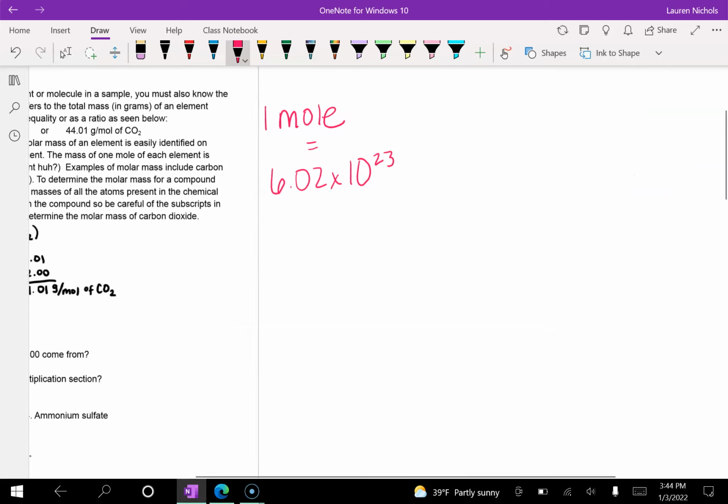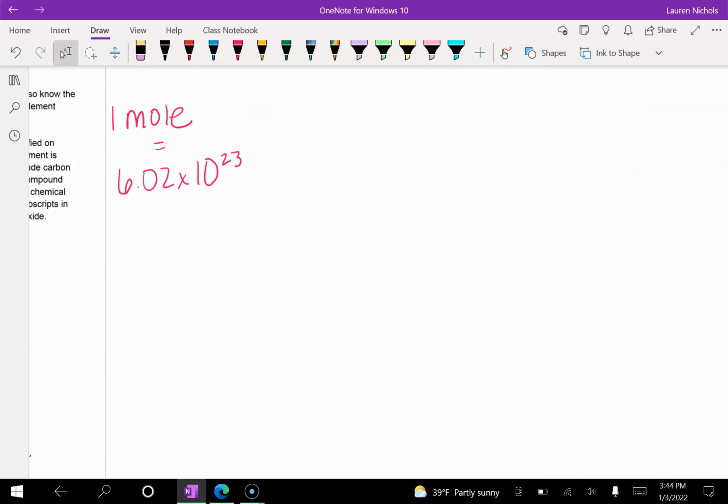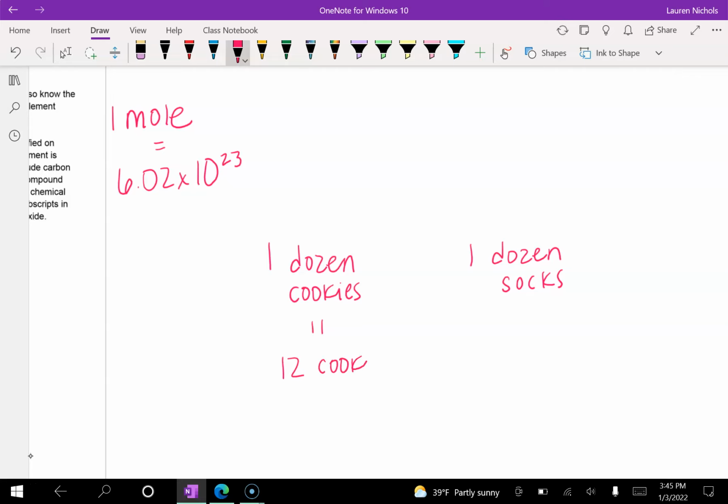Well, one thing that hopefully will make sense to you is that if I have a dozen cookies and I have a dozen socks, in both of those cases, I have 12 cookies or I have 12 socks, right?